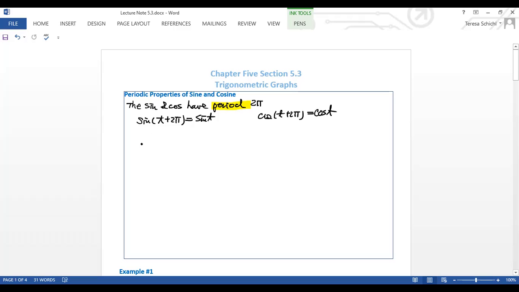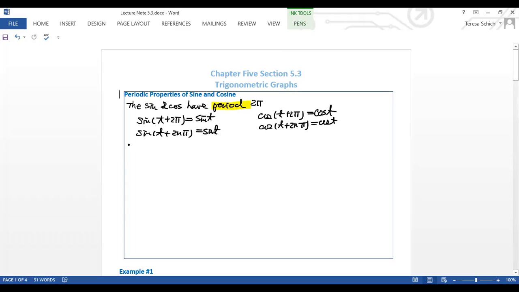In fact, you can write sine of t plus 2n pi, and it will still be sine t. That means you can turn many 2 pi circles and it will still be the same. So cosine of t plus 2n pi is going to be cosine t.